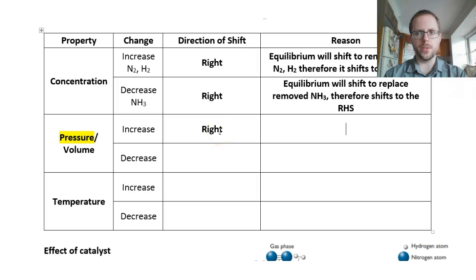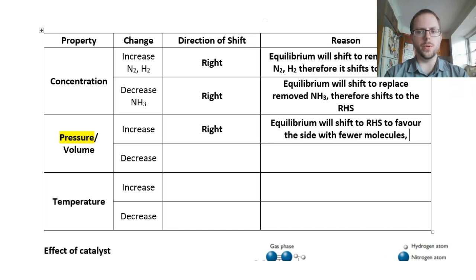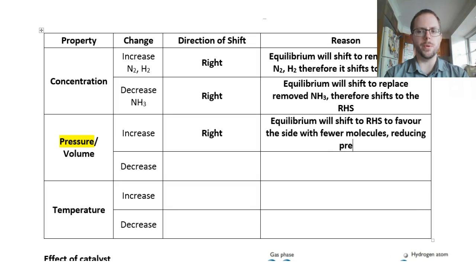So we've got 4 molecules on the left, 2 molecules on the right. If we increase the pressure, the equilibrium will shift to the right-hand side to favour the side with fewer molecules, which will reduce the pressure. So if we consider the opposite situation, if we decrease the pressure, it's going to shift to the left.